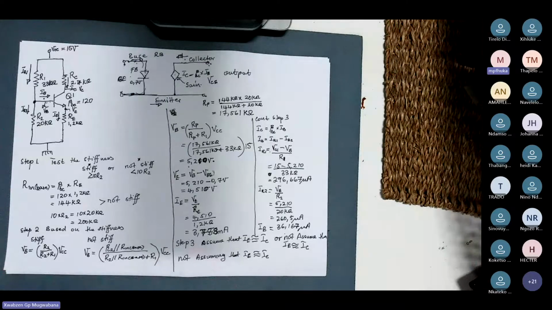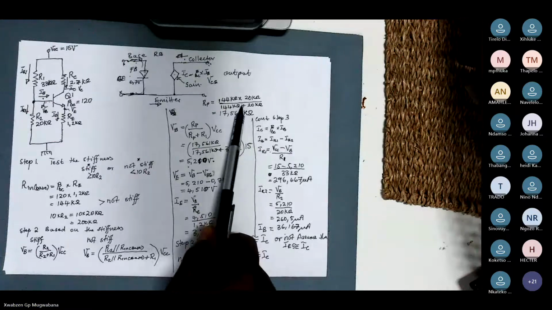It's not an embarrassing question, it's a normal question. Now I need your feedback. When I say something, do you understand what is coming out of my mouth? But I specifically said, when I wrote here, not stiff. Because it's not stiff, we're going to do R2 parallel to R in base. Didn't I do R2 parallel to R in base here? Oh, I got it.